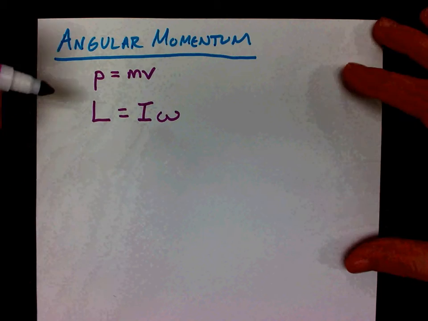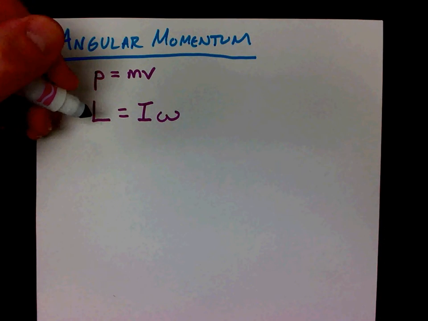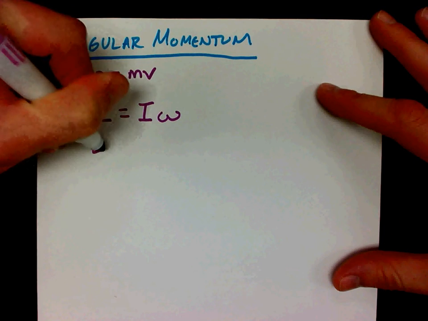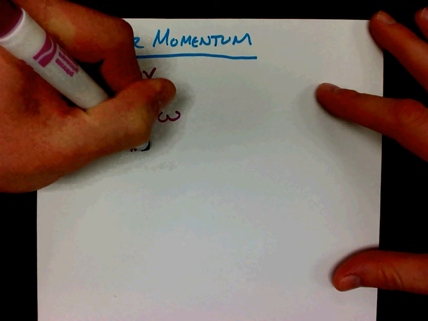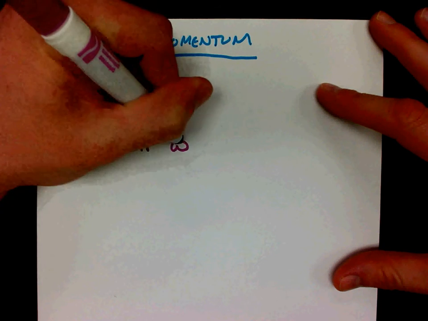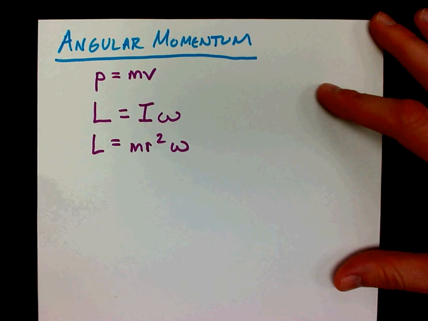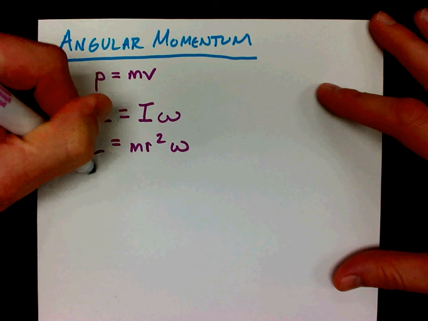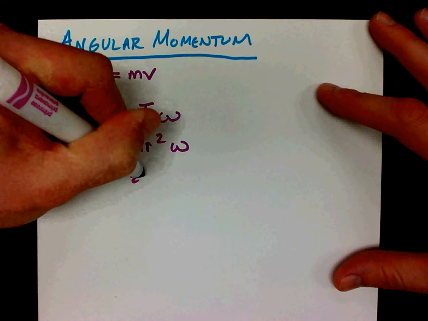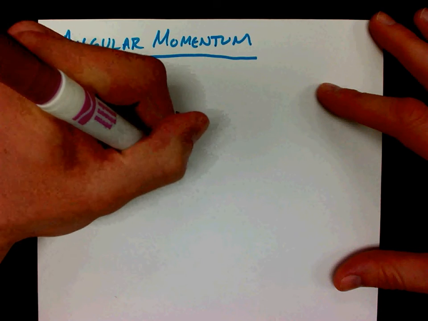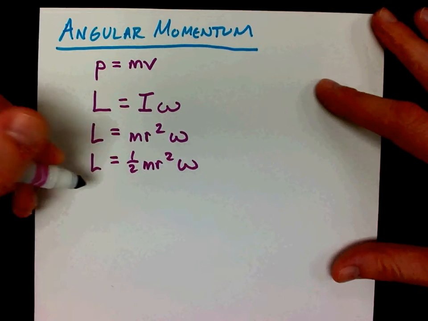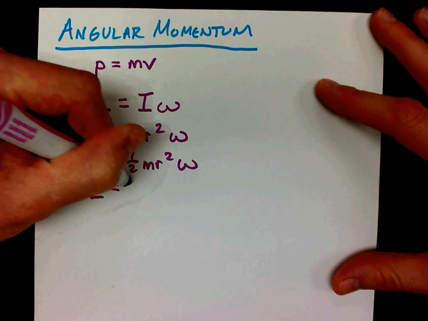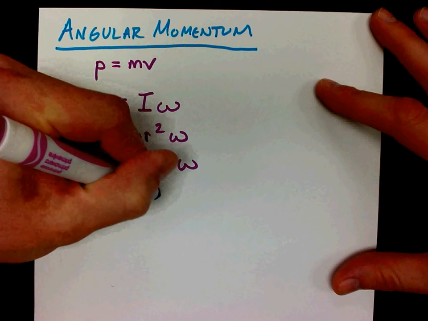If we have, let's say, a ring or a hoop, then we might have an equation that looks like this, where we're plugging in Mr squared times omega. We might have a situation where we have a disk and we have 1/2 Mr squared omega. And we might have something like a solid sphere where we have 2/5 Mr squared omega.